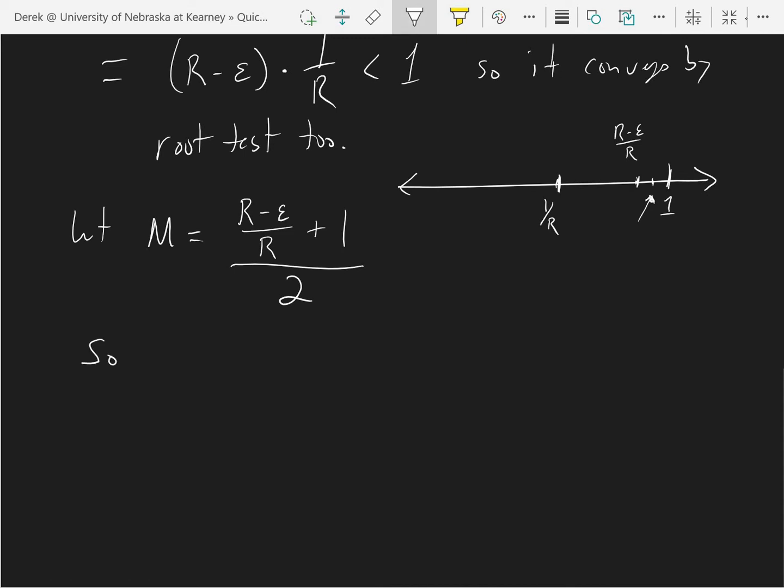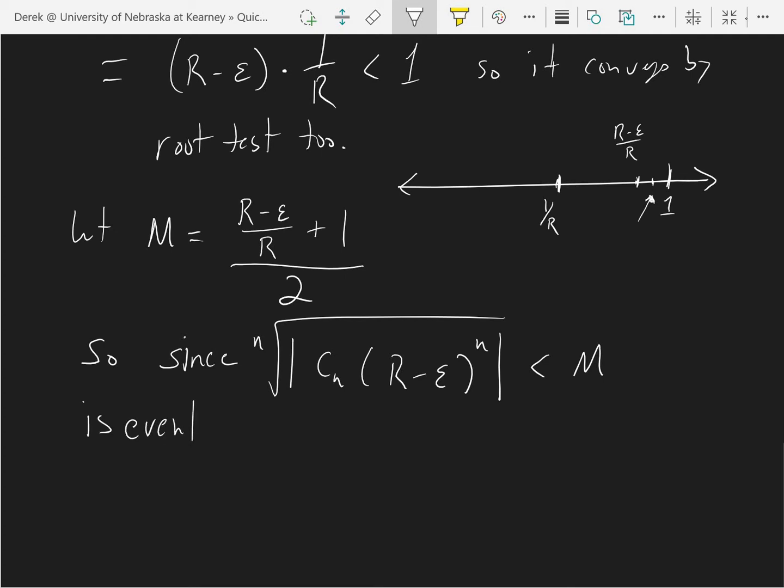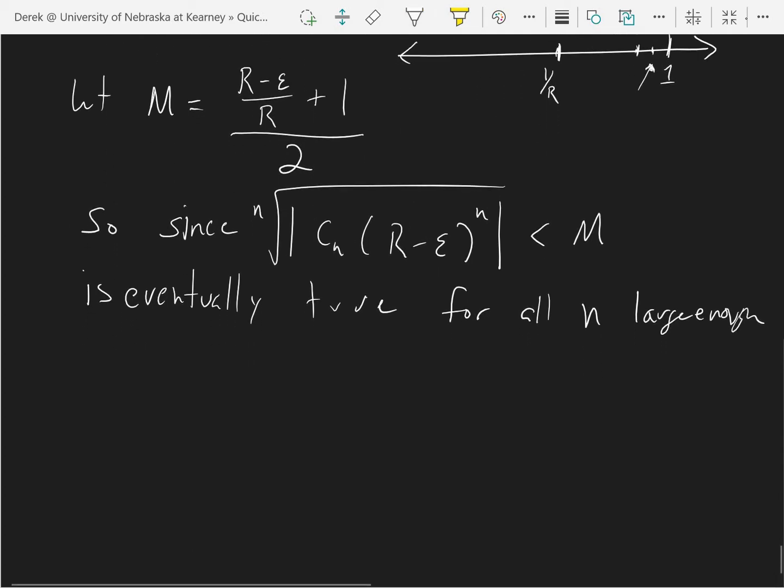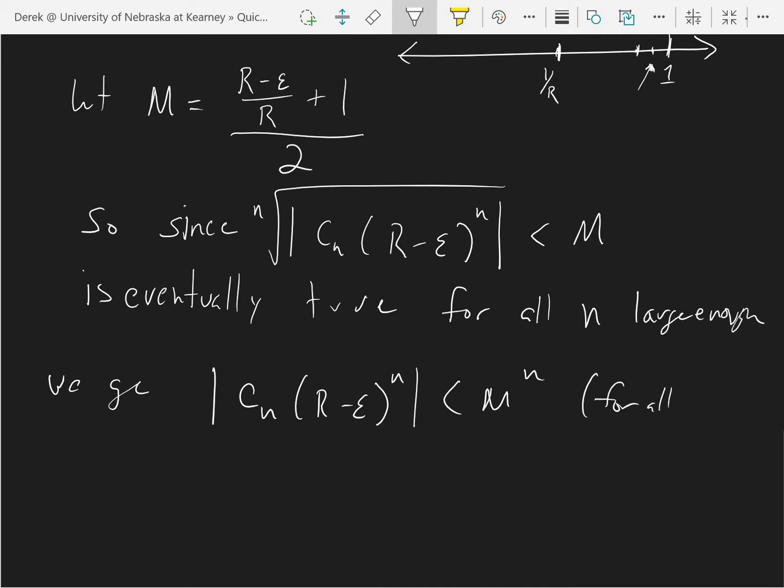Since the lim sup of the nth root of the absolute value of c sub n times r minus epsilon to the n is strictly less than m, it is eventually true for all n large enough that the absolute value of c sub n r minus epsilon to the n is less than m to the n.